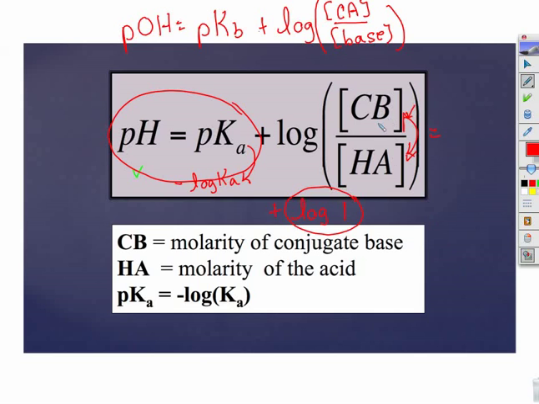Because whatever this is, let's just say it's 0.5 over 0.5. That's 1. The log of 1 is 0. That goes away at halfway at the volume of your equivalence point. I might have misspoken and said at the equivalence point, but that was wrong. Halfway to the equivalence point, these two are equal, and pH is equal to pKa.